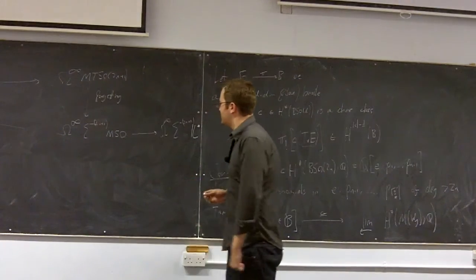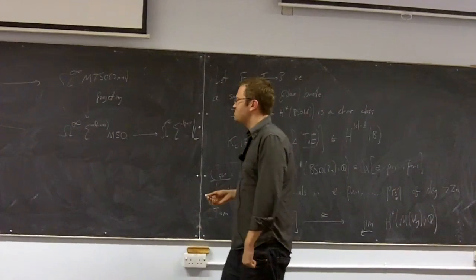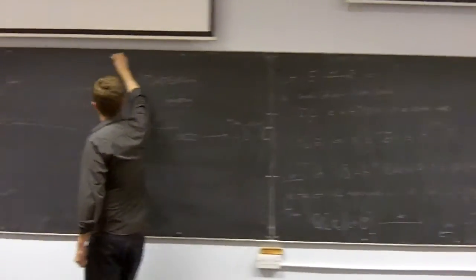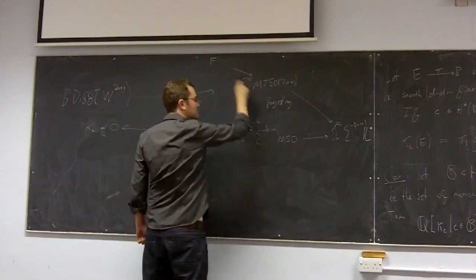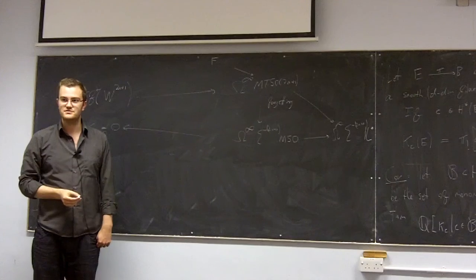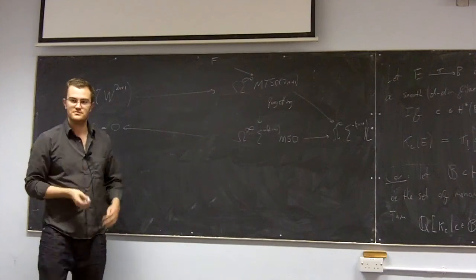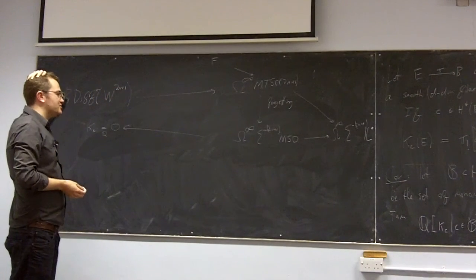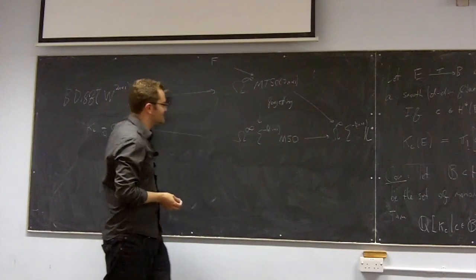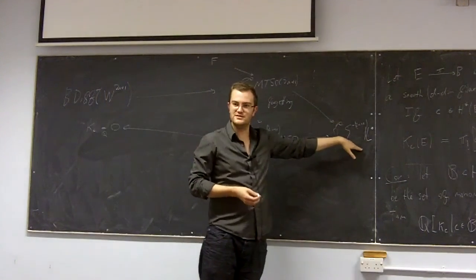So the best thing you might hope for is that the fiber of this map is the best approximation to an odd-dimensional diffeomorphism group. But that would mean, I mean, this discussion in rational cohomology basically means that this map in rational cohomology is zero.